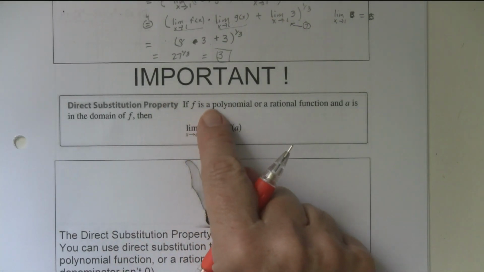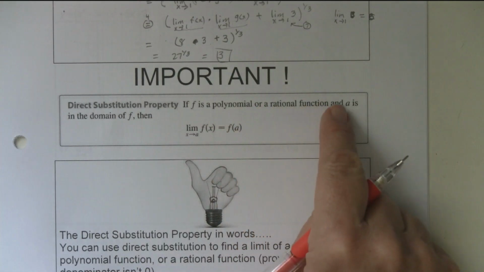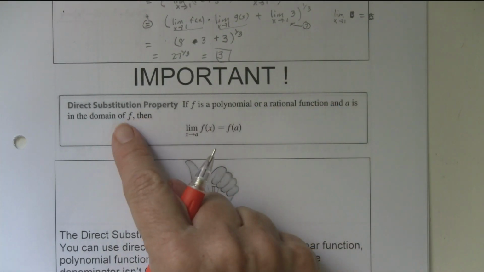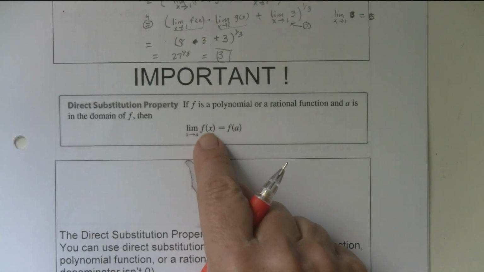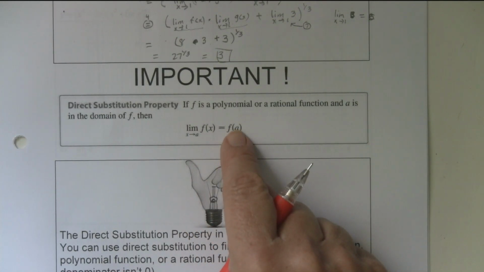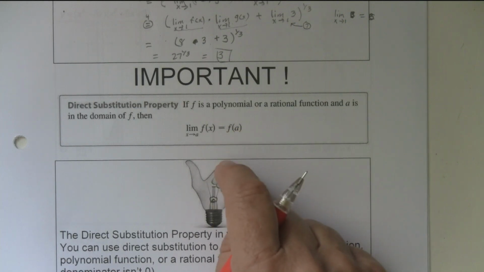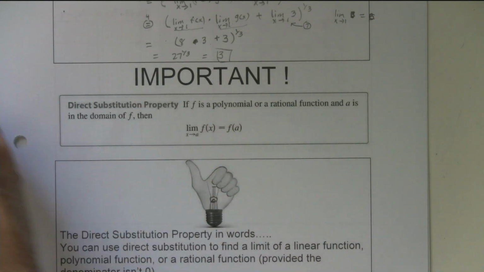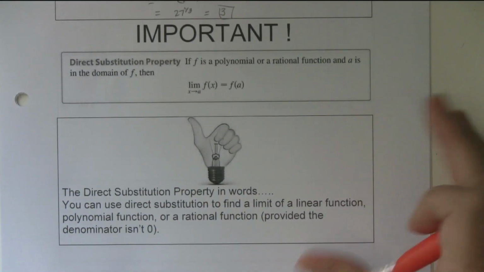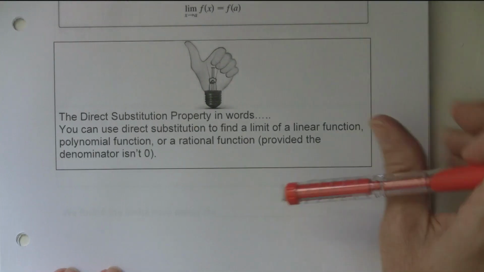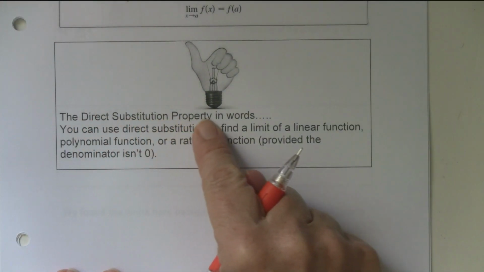It says if f is a polynomial or a rational function and a is in the domain of f, then the limit as x goes to a of f of x is equal to f at a, which means you can just use direct substitution as long as you have a polynomial or a rational function. And so then I wrote in my own little words here the direct substitution property in words.